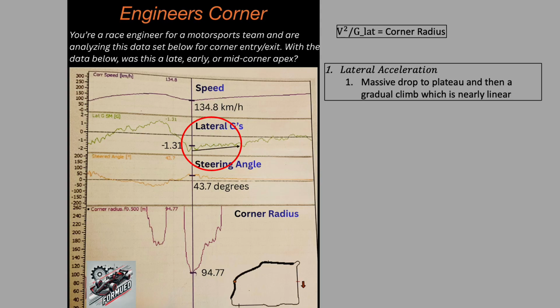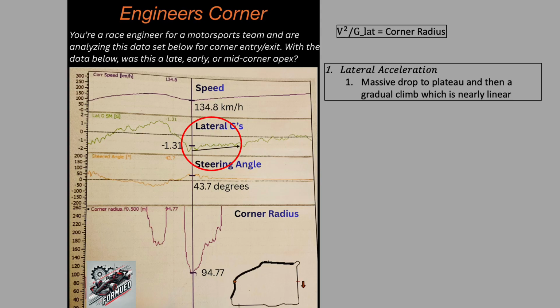In terms of the lateral Gs in this particular instance, you see this drop down to negative 1.31. So we're at 0 at one point, and then we go to negative 1.31, and then you see this linear trend outward. So we see a decrease in lateral G, and it essentially makes more longitudinal grip available for acceleration out of the corner. That's what we're essentially seeing.